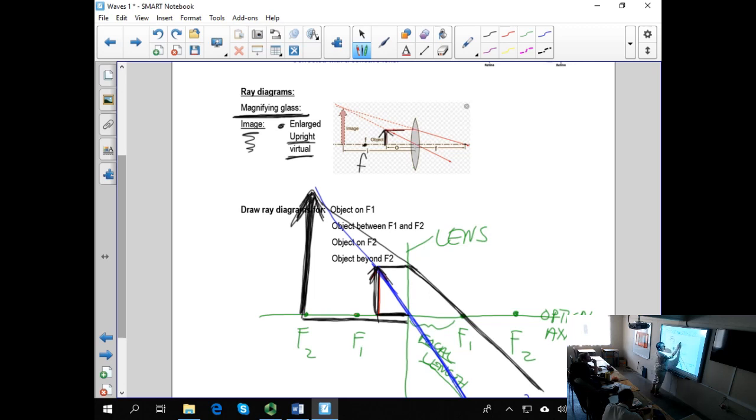The 2 rays: the one that goes parallel and then is refracted through F1, and the other ray is the one that goes straight through the center of the lens. If your object lies between F1 and the lens, you will always get an enlarged upright image.